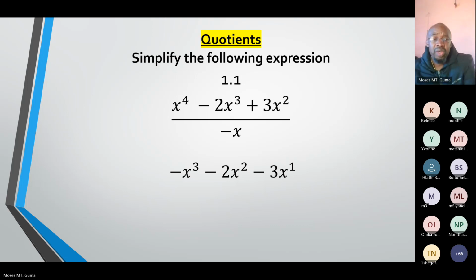Now, I just want to take you through something that you have learned when you were doing your fractions in early grades and even in grade 8. Remember, when I have 1 divided by 2 plus a 1 divided by a 2.